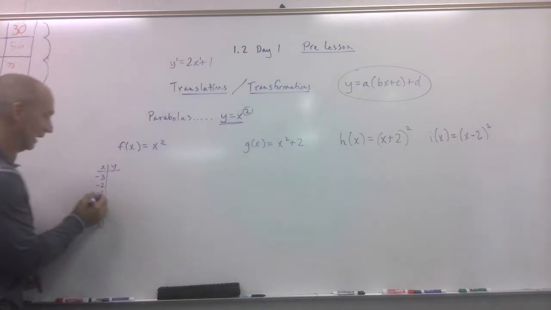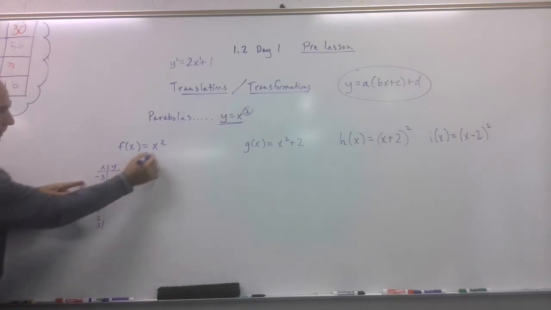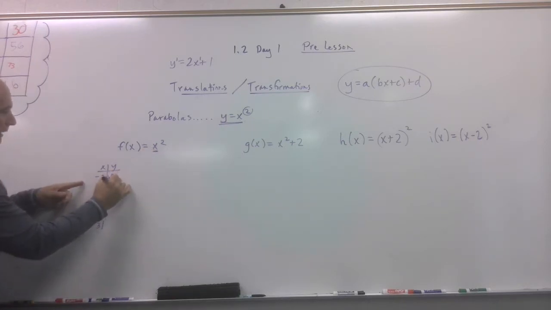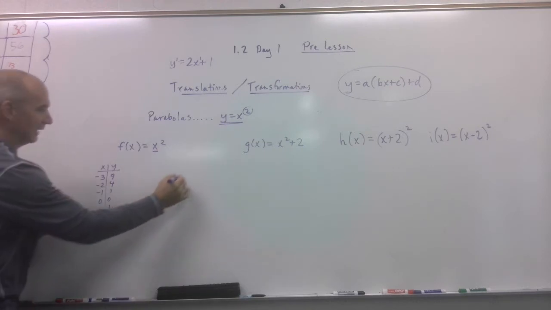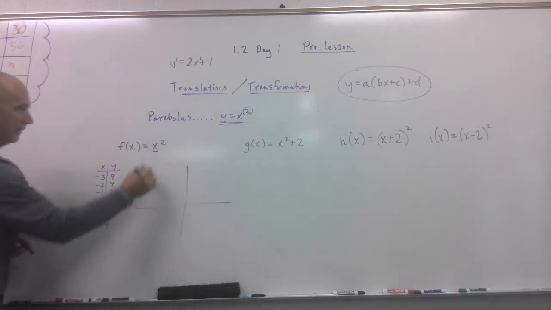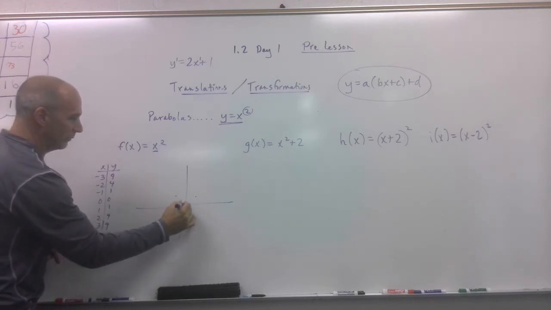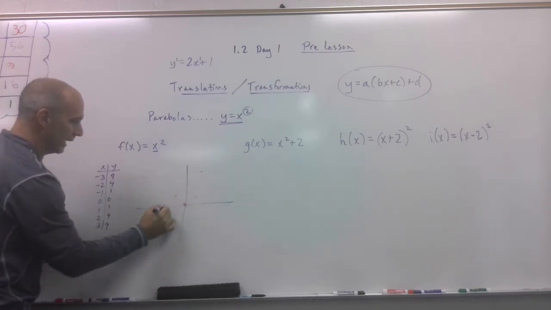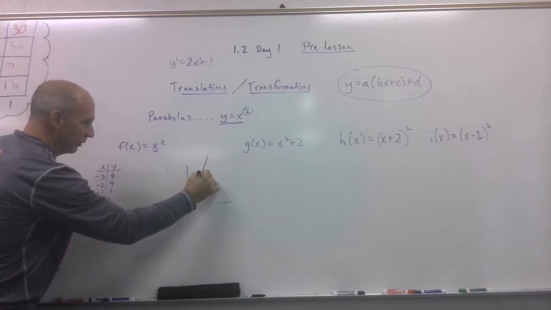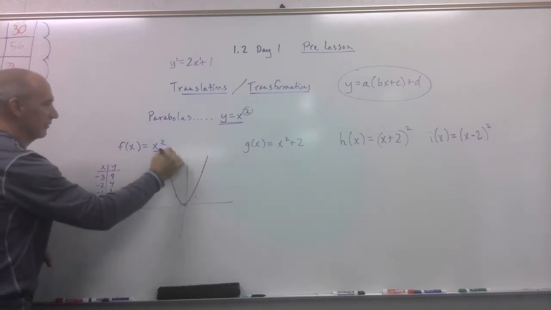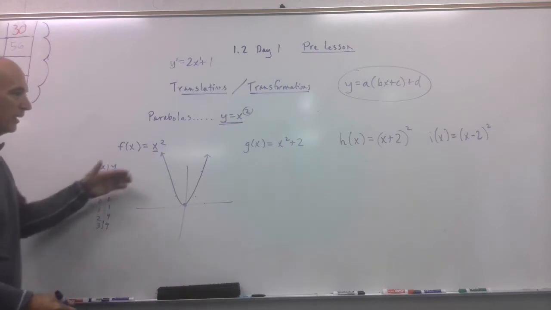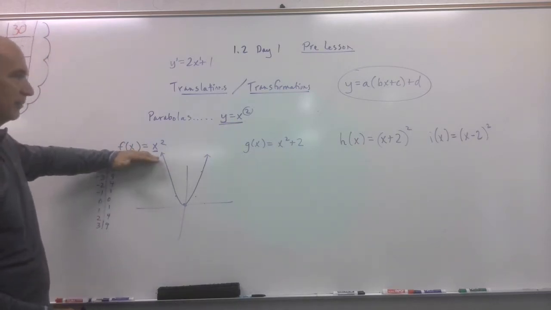So we take a look at all these x's, pop them in here, square them, we get 9, 4, 1, 0, 1, 4, 9. And if we actually took the time to graph it, it'd be 0, 0, 1, 1, negative 1, 1, 2, 4, negative 2, 4, and you kind of get the idea of where this is coming from. So there's where a parabola comes from, this equation.